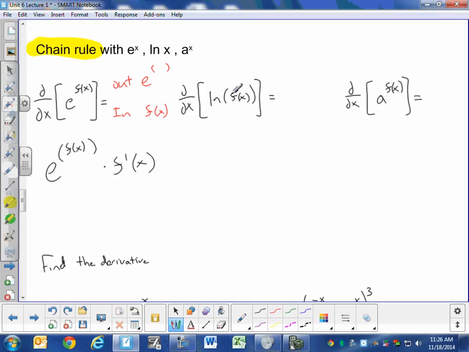If I have log of f of x, I'll have an outside and an inside. The outside will be the log of the stuff. The inside will be the stuff. If I want to take the derivative of it, I take the derivative of the log. The derivative of the log of stuff is just 1 over that stuff times the derivative of that stuff.